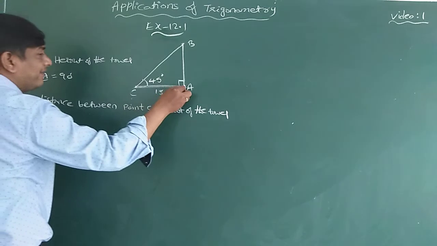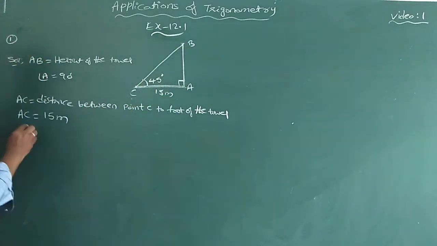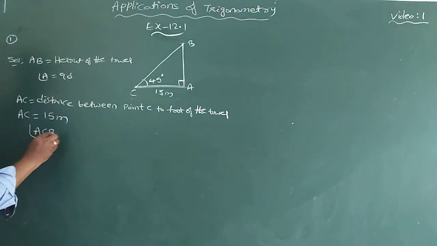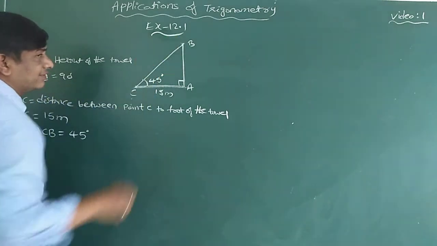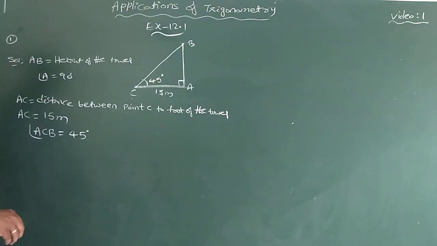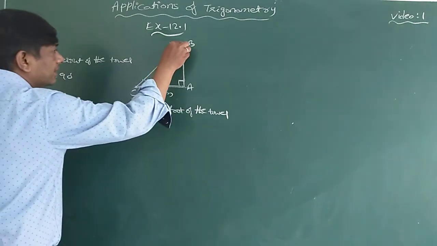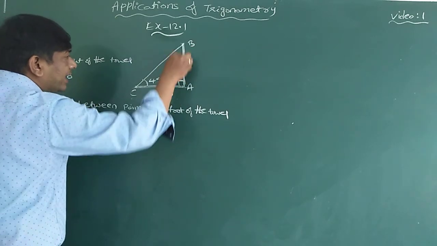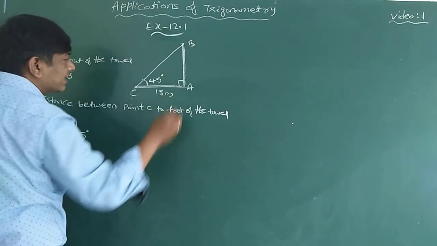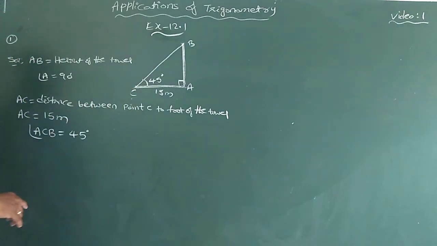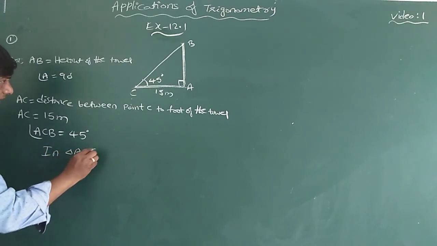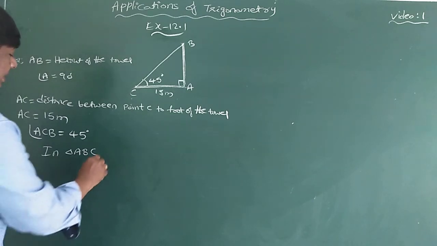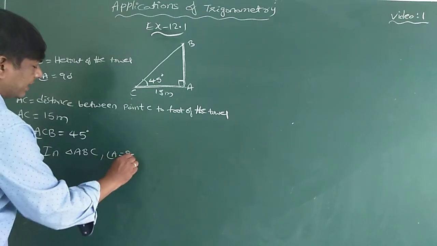Now the angle of elevation, angle ACB, is 45 degrees. They ask for the height of the tower. The adjacent side of this angle is given, and the height is the opposite side, so we use tan. In triangle ABC, angle A is 90 degrees.